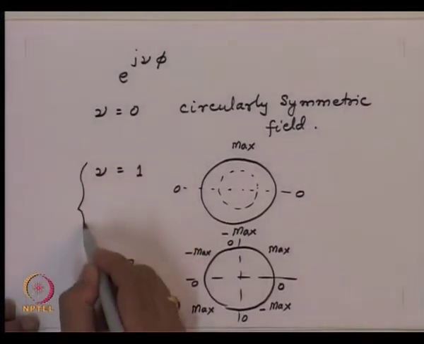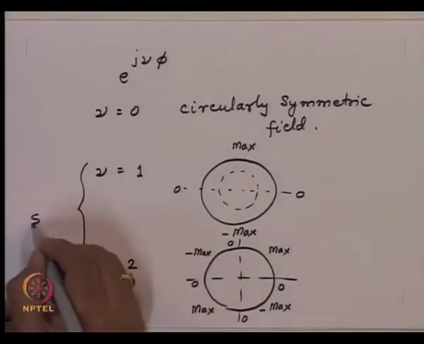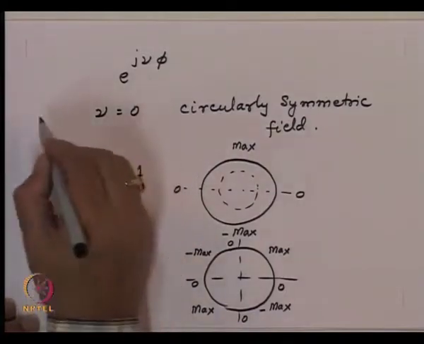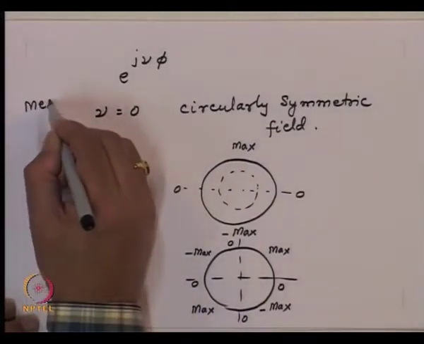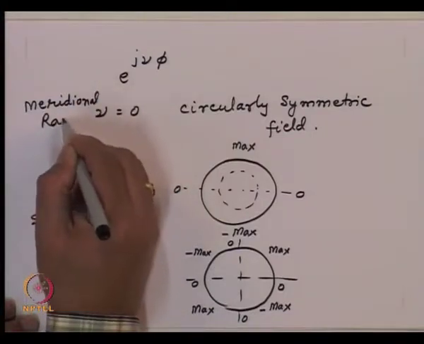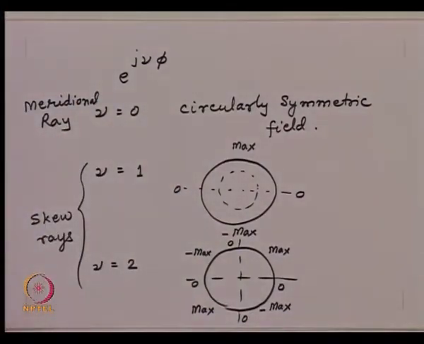So these are the skew rays, whereas this one is the meridional ray. So you can see a one-to-one correspondence between the ray model and the wave model, and that is always good, because whatever understanding we have developed from the ray model should support the deeper understanding we are going to develop from the wave model.